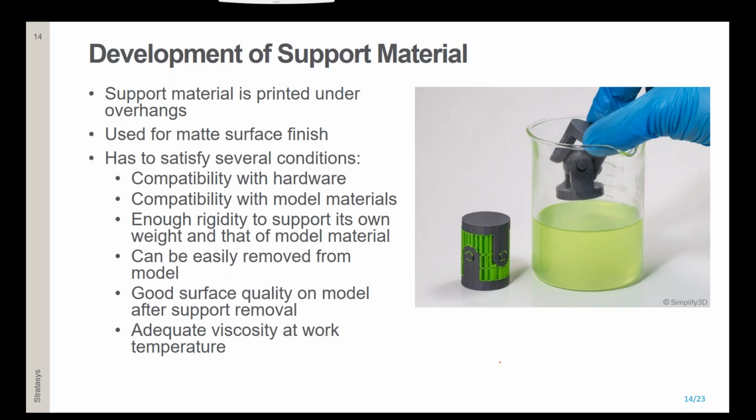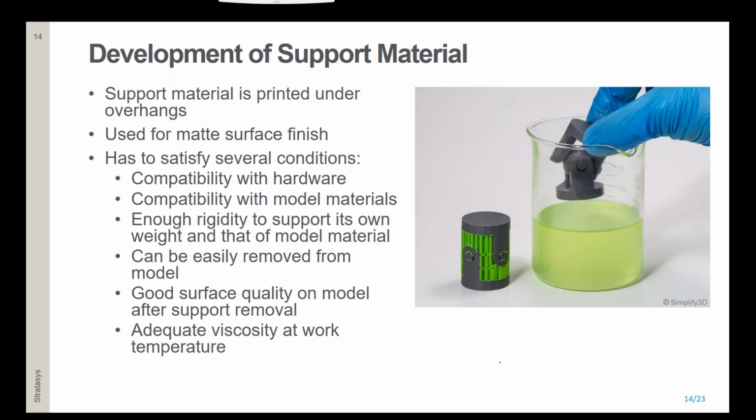So in order to have a more comprehensive look for the overall model, so the finish will be more or less the same in all directions, you would coat it with a support material all over, and then you would get a more unified look for the model material. So the support material has to satisfy several conditions.